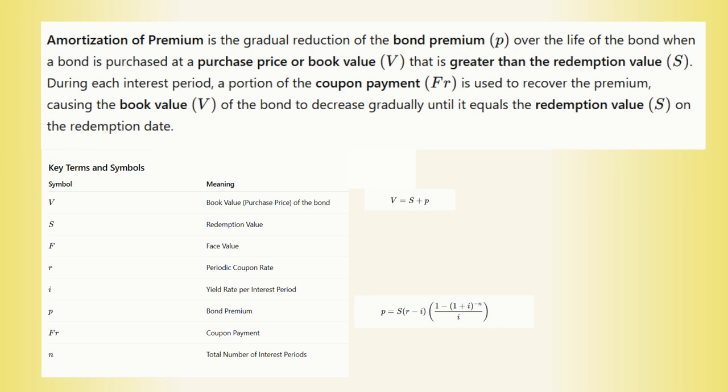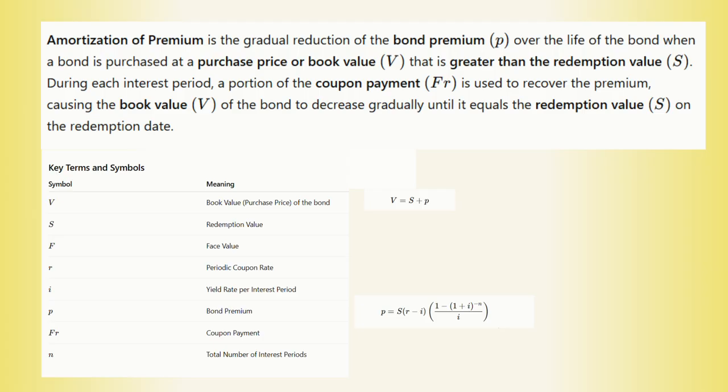During each period, a portion of the coupon payment FR is used to recover the premium, causing the book value of the bond to decrease gradually until it equals the redemption value on the redemption date.